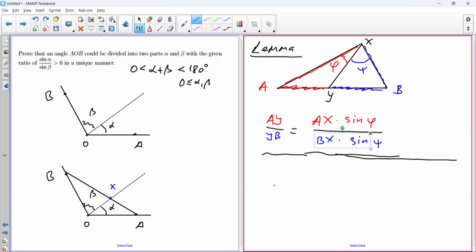So AY over YB would be equal, by a famous statement, to the ratio of the areas of the triangles AXY and BXY, because they share the same height.